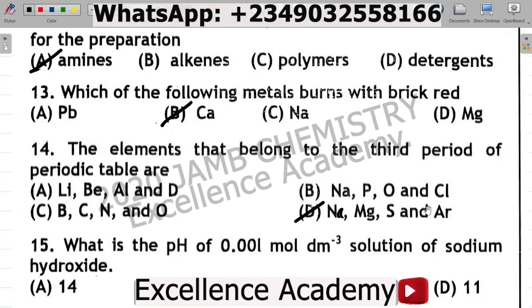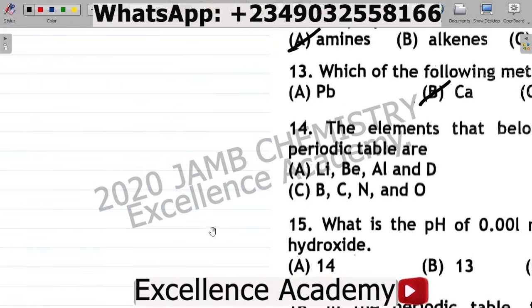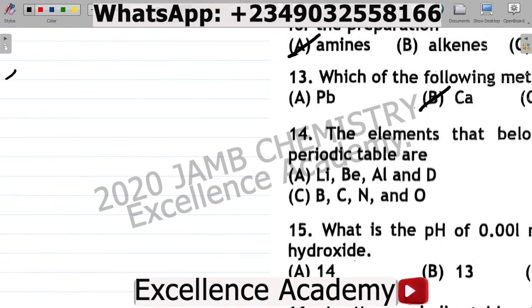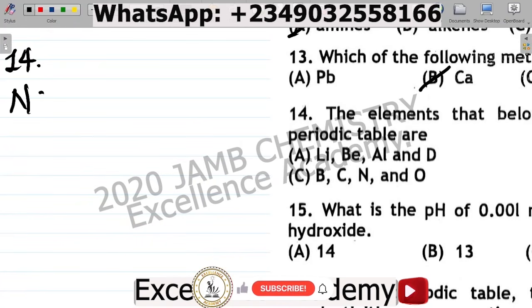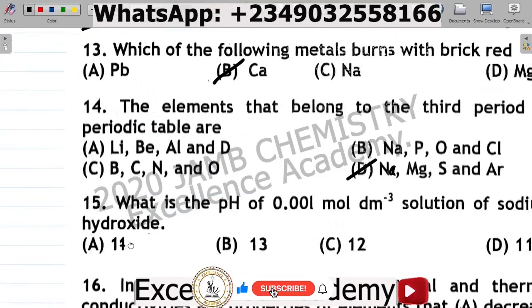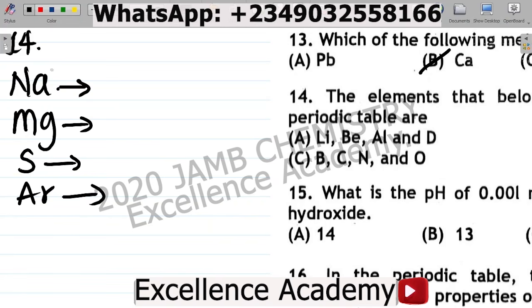And why we say the third period is because, let's look at the elements in number 14. You have sodium, Na, magnesium, Mg, sulfur, S, and argon, Ar. Let's get the atomic number. For sodium, the atomic number is 11.